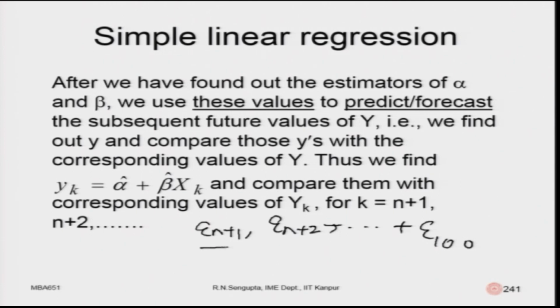If you add them up and divide by 1000, this is the expected value. We know from the formula the expected value is 0, which corroborates the assumptions we have taken, that the expected value of the error is 0 and the variance of the errors is sigma square. This can be done as a back calculation to prove that the methodology and the way we are proceeding is right.